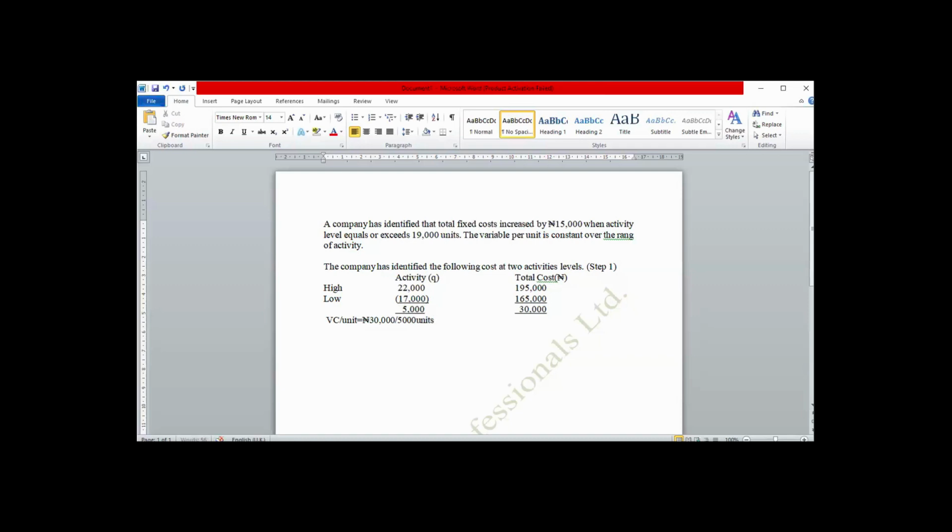Okay. Now, at this junction, this is equal to what? 6 naira per unit. Now, looking at this, by assumption, we say C is equal to A plus BQ.